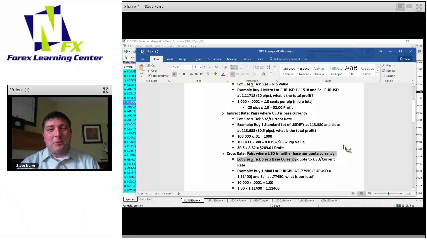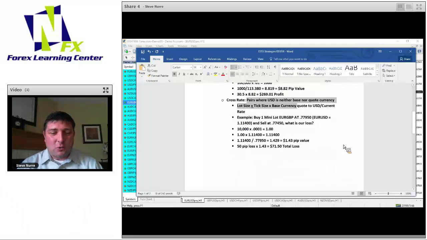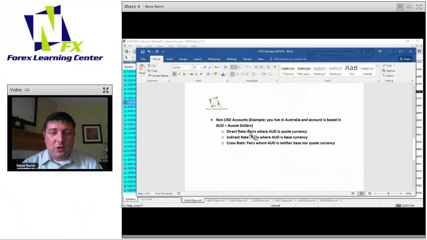It's really as simple as that. For example, direct rate transactions are pairs where the Aussie dollar is the quote currency. Indirect rate transactions are pairs where the Aussie dollar is the base currency. And cross rate transactions are pairs where Aussie is neither the base nor the quote.